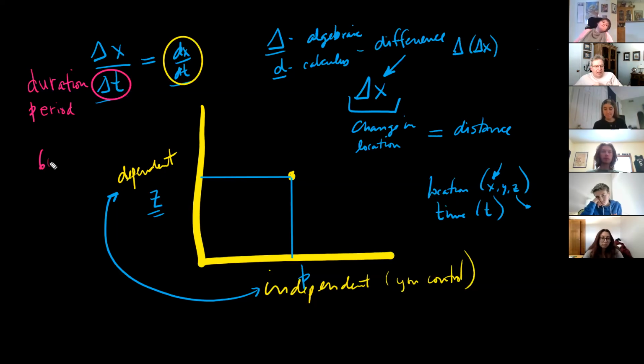So for instance, if I said I go 60 miles, that's how far I've traveled in 60 minutes. That's saying I'm going 60 miles per hour or 1 mile per minute, that kind of thing.